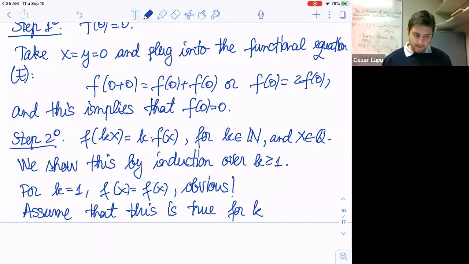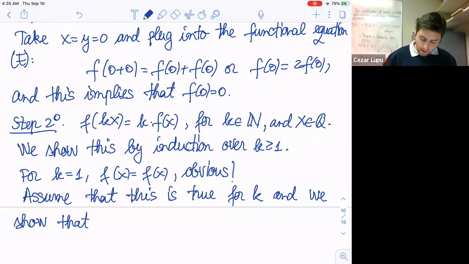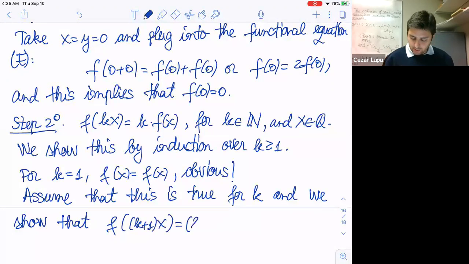And we want to show that f of k plus 1 times x is nothing else than just k plus 1 times f of x, right? So we want to show this.